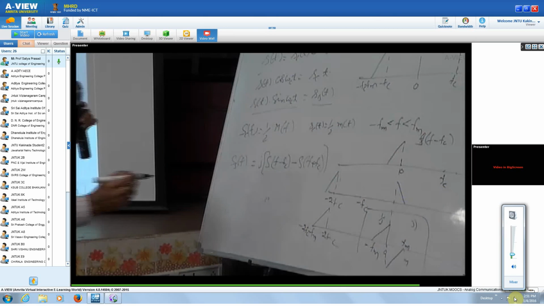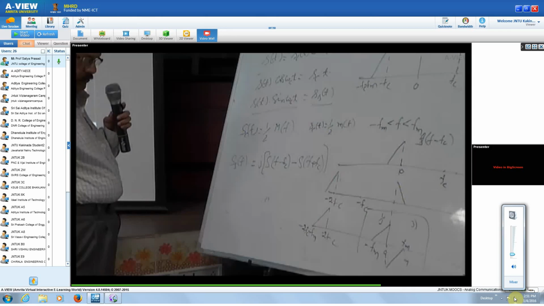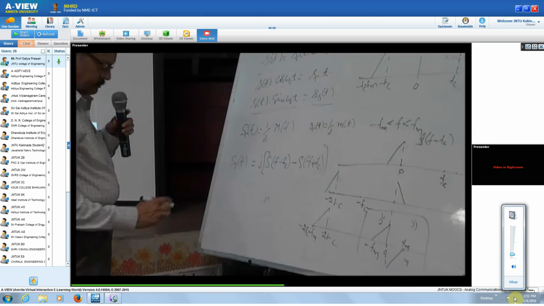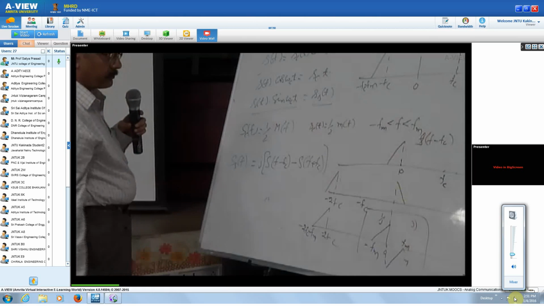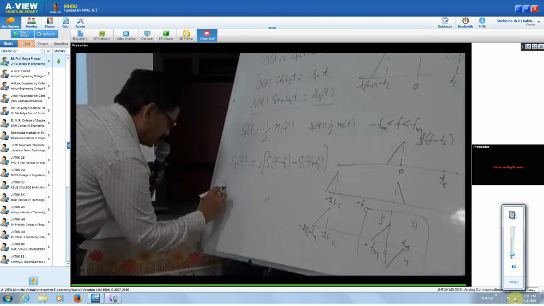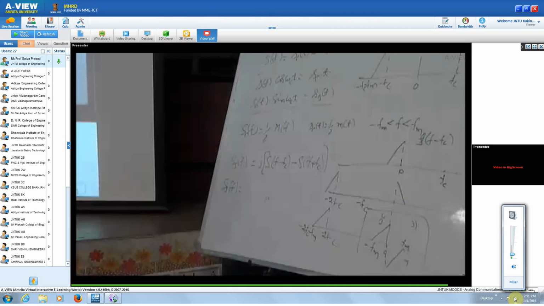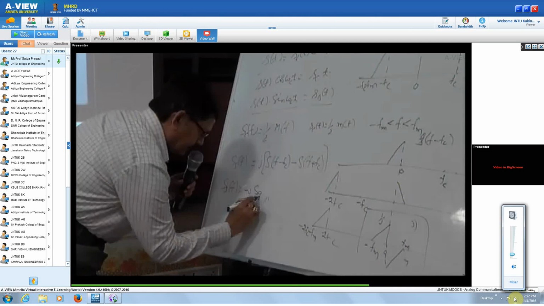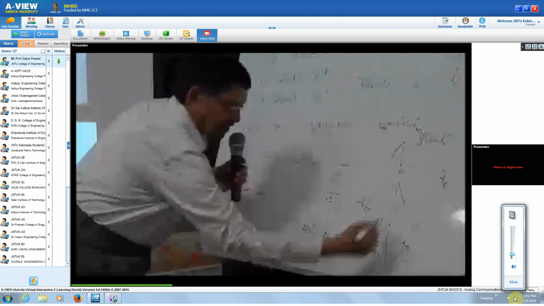Therefore, when you multiply this with a signum function, what we are having is m hat of t. So S of f will be equal to minus j, because we are multiplying by minus signum function. So j is there, minus I am putting signum function of f, and when I multiply with signum function, this becomes positive.